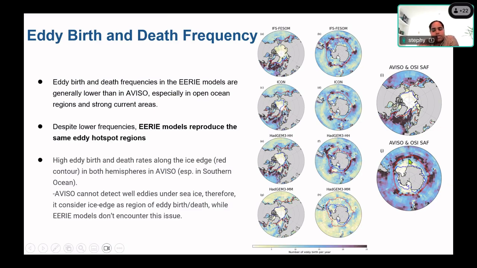And we have a hypothesis that it might be because, since AVISO cannot observe eddies under the ice, it might be considering the ice edge as a boundary where eddy death and birth is happening, but in the models it doesn't have that issue. So that might be one of the reasons that the models do not overestimate in these regions, but AVISO does.